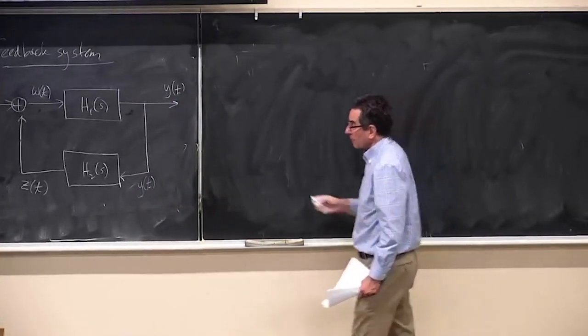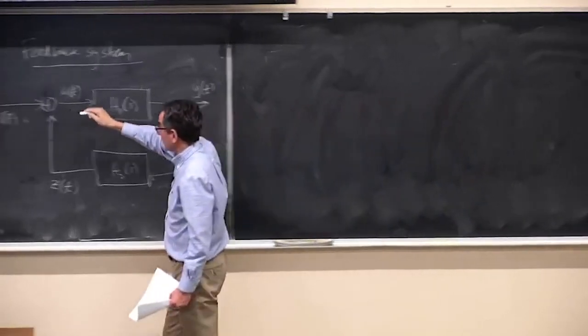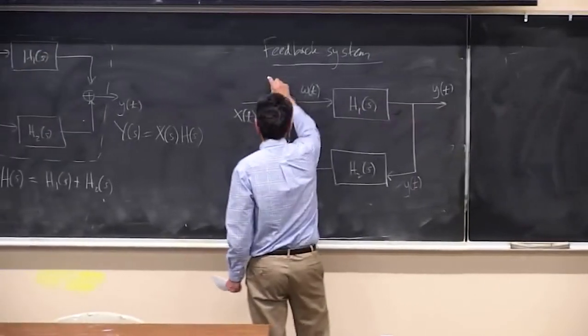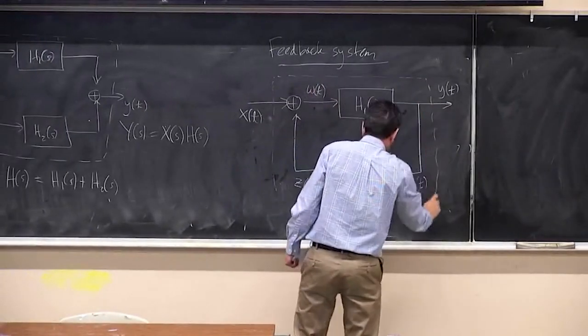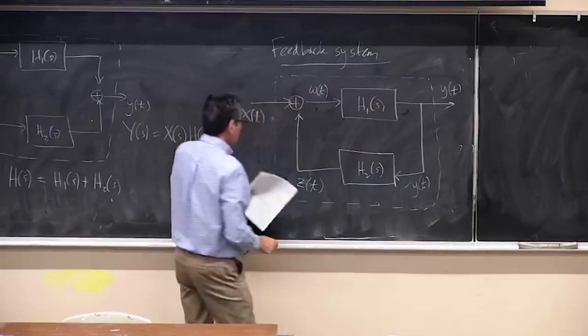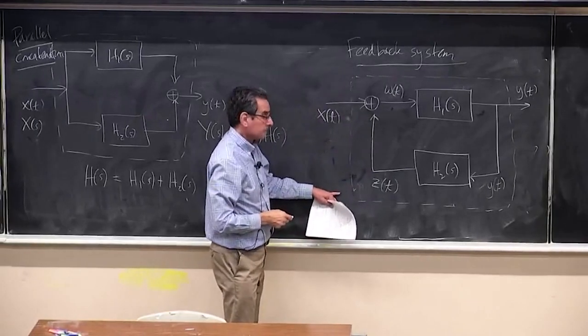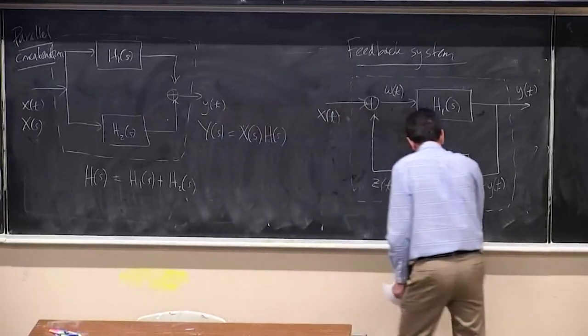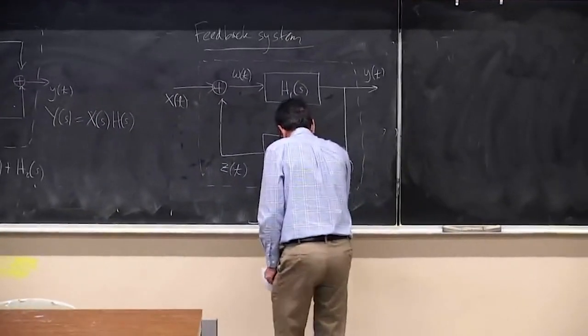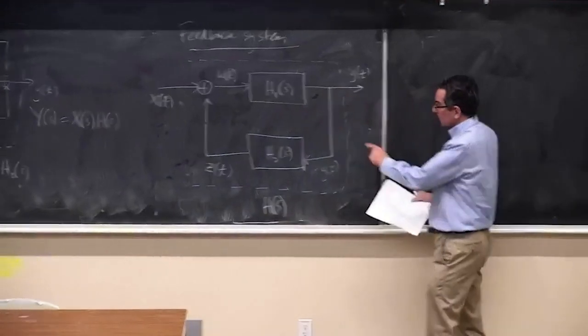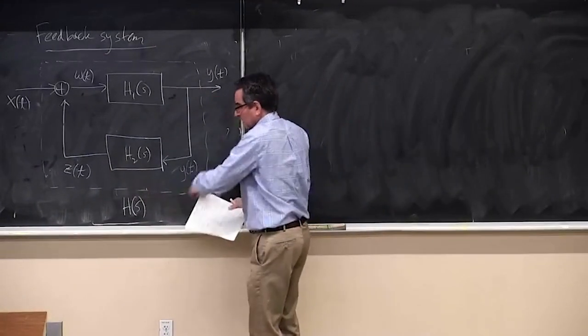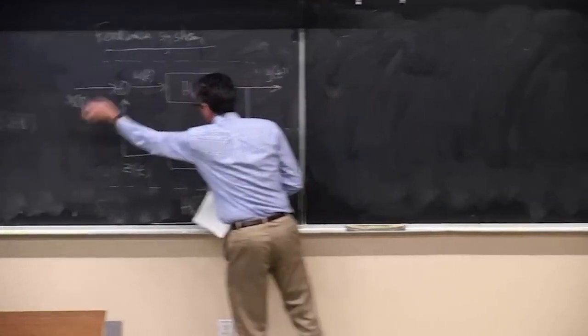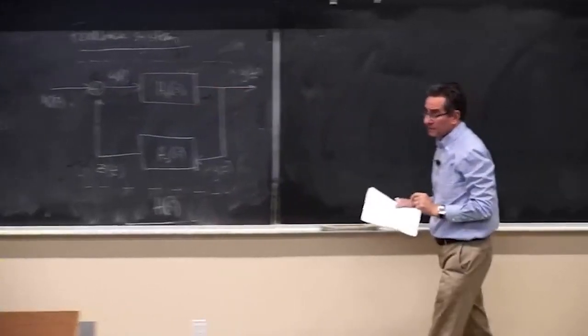So how do we figure out the overall system function? We want to do the same thing we've done with those other cases. We want to draw a big virtual box around all of that stuff and ask what's the system function for that overall system where x(t) goes in and y(t) goes out.